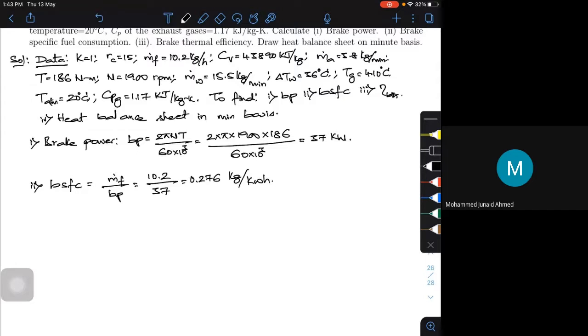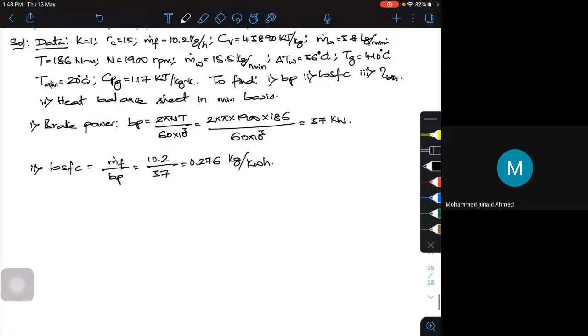Okay, so now the third one, brake thermal efficiency, which is eta B th. It is the brake power divided by the heat supplied.